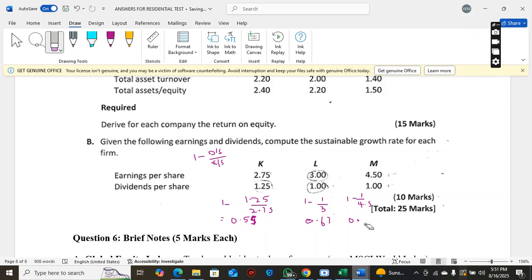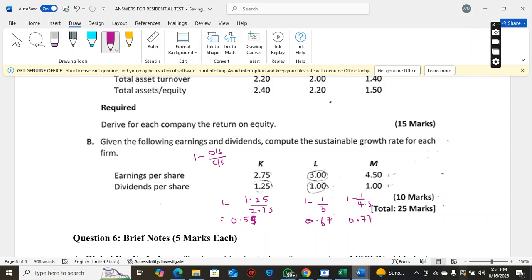Two decimal places. 0.77. Okay, so we can see M is withholding more money than the others.